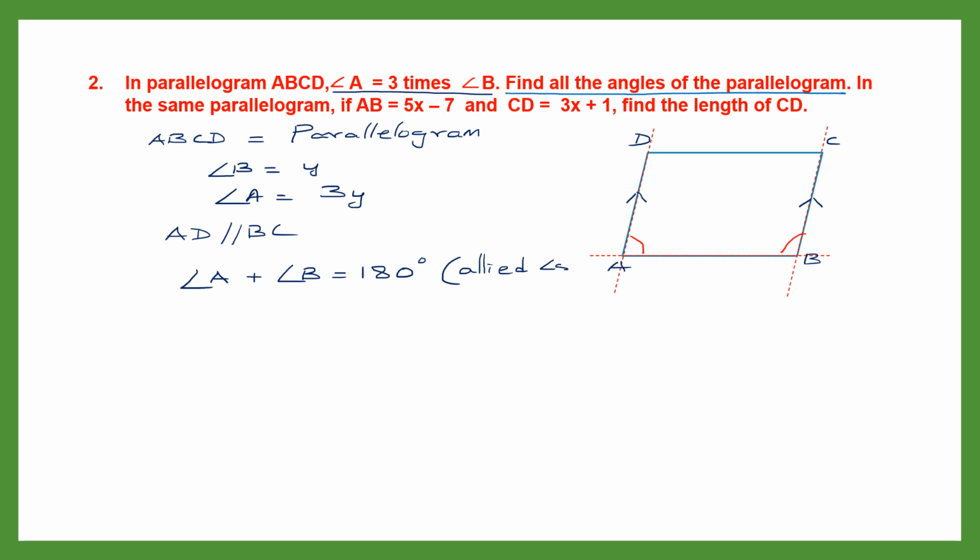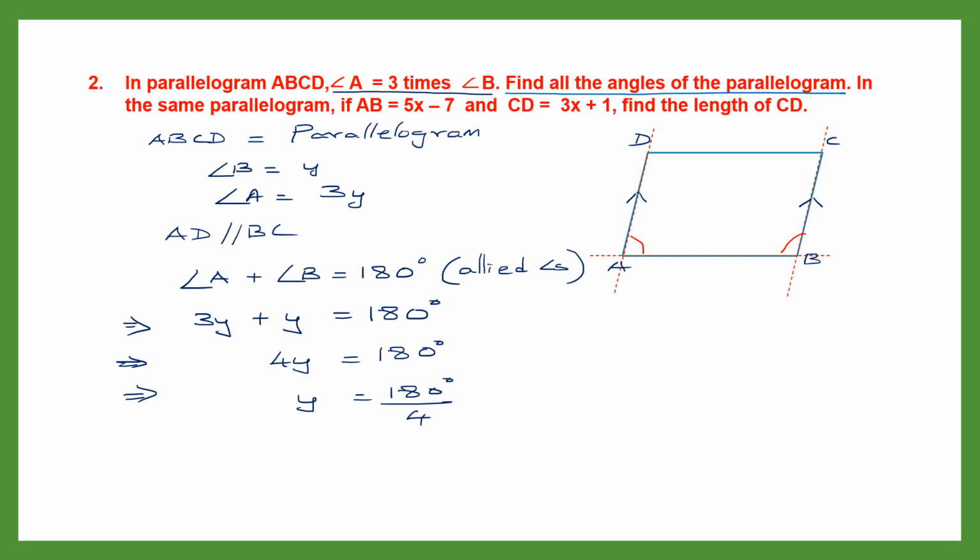Allied angles will always be supplementary. And here angle A is 3y and angle B is y. So 3y plus y is equal to 180 degrees. Simplifying, 3y plus y is 4y, and 4y is 180. So y is equal to 180 degrees divided by 4, and that will be 45.